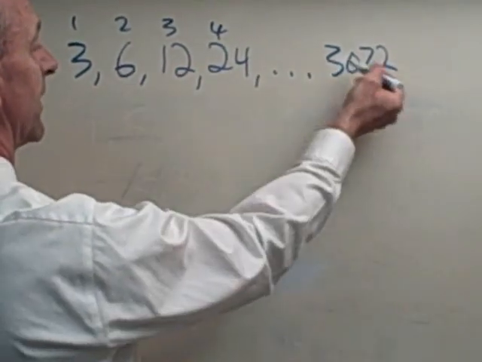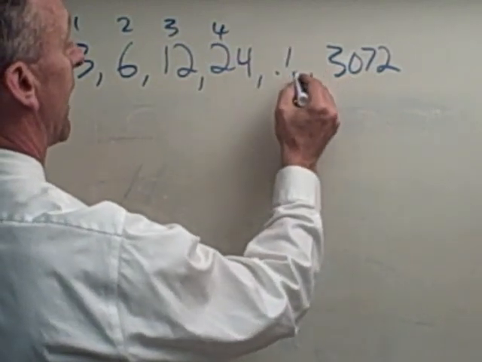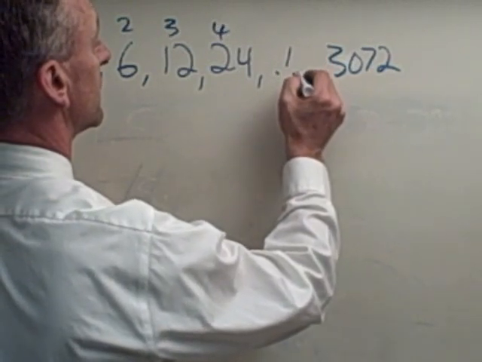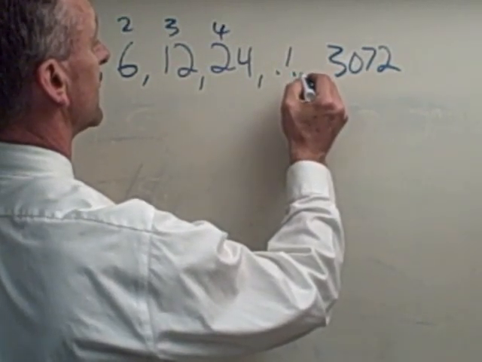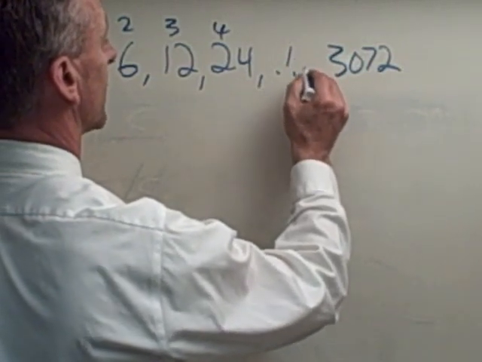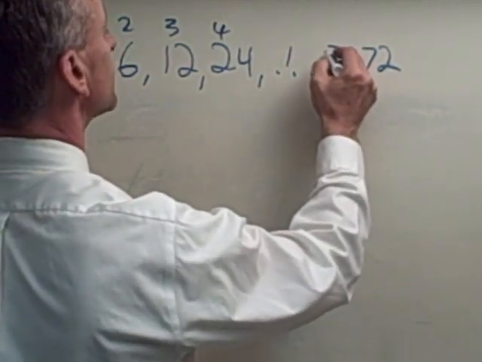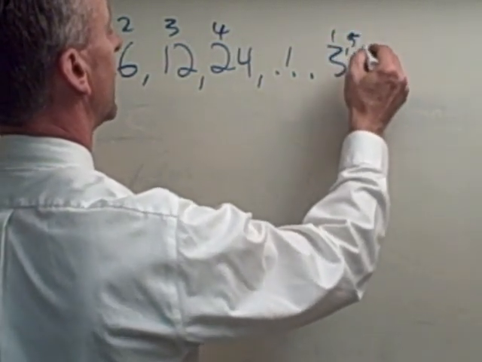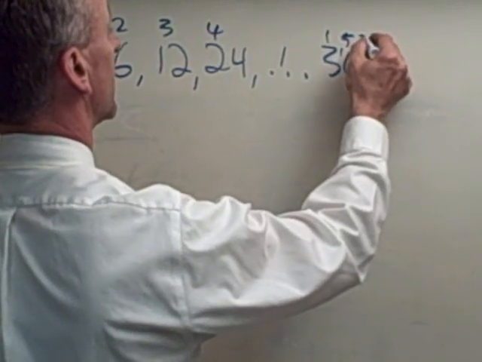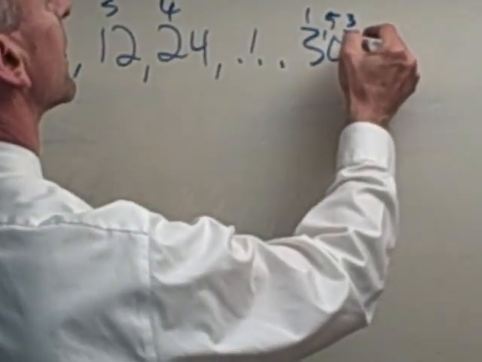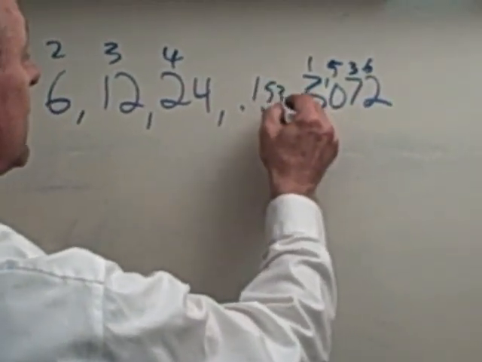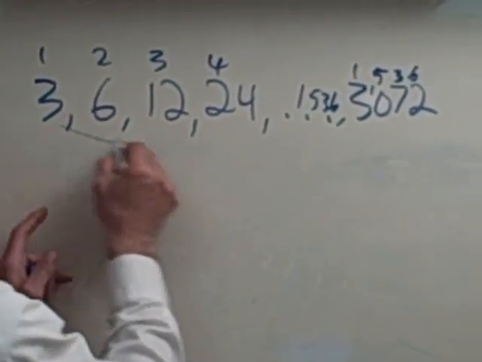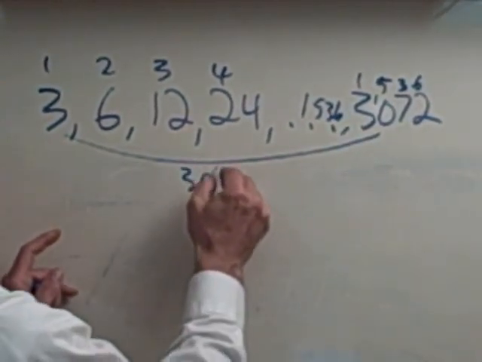If we're doubling, then coming back, we would get 1536. Okay. But you'll notice if I put 3 with 3000, I get 3072.